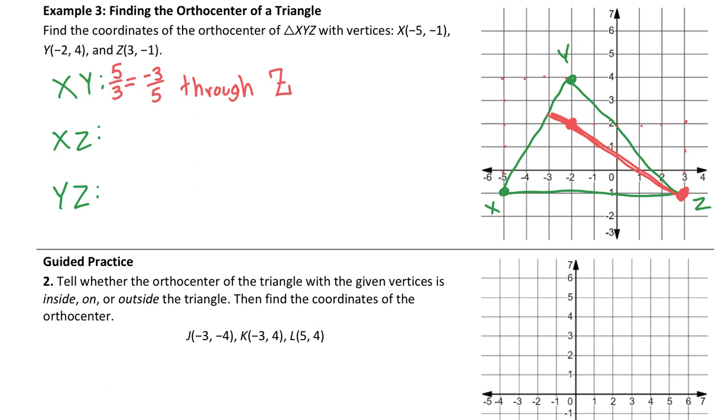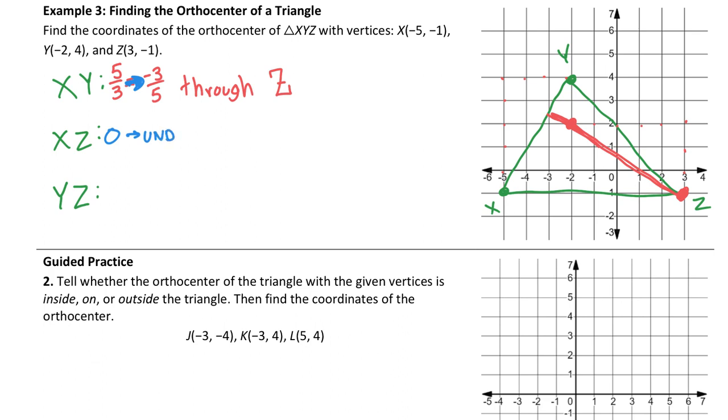So I'm going to use a different color for XZ. XZ has a slope of 0, which means it's horizontal, okay? I should have done an arrow, sorry. So perpendicular slope to a slope of 0 is a slope that is undefined.